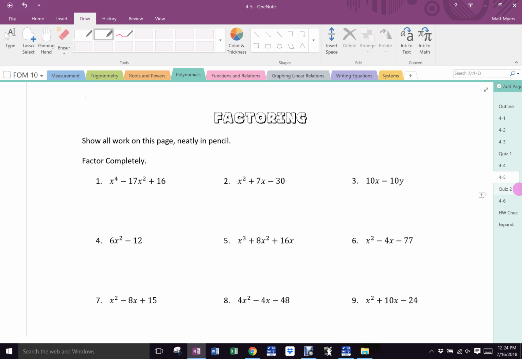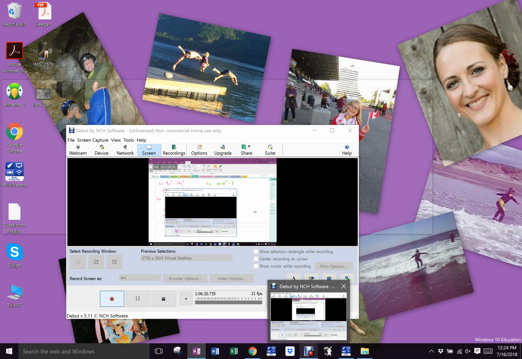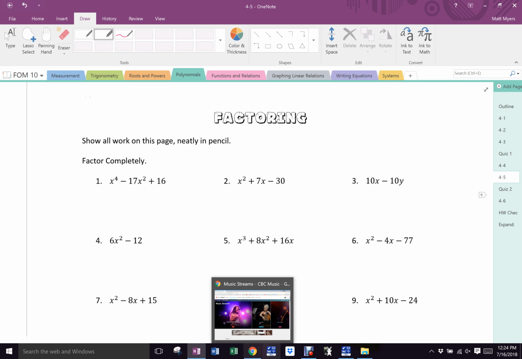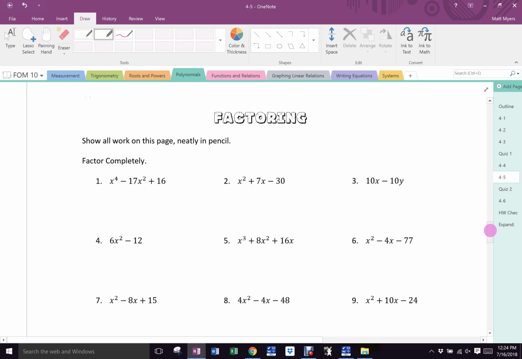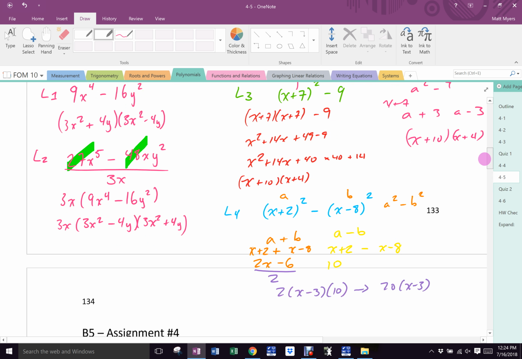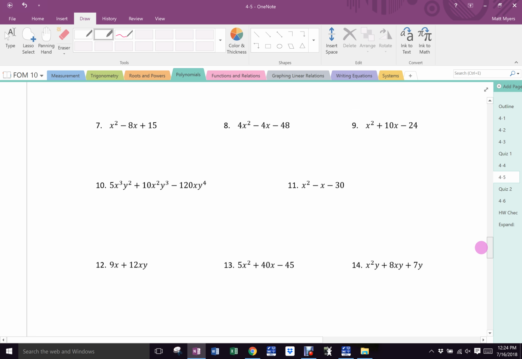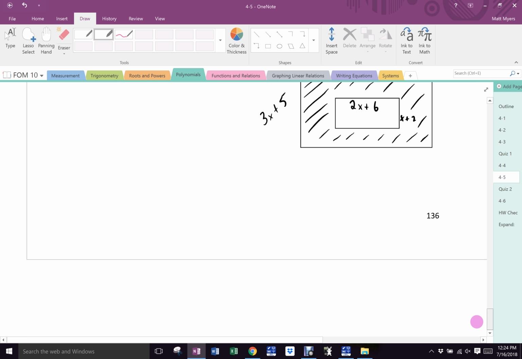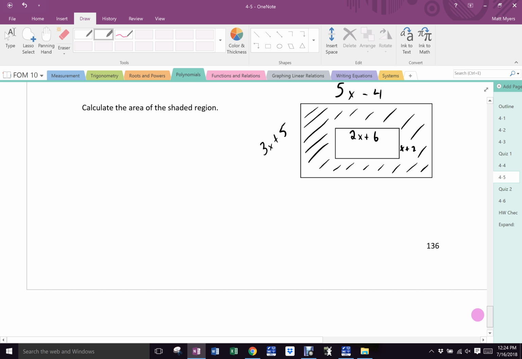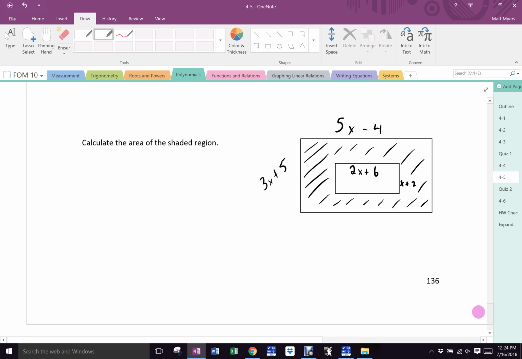So I'm done with the basic factoring. It is 12:23. I think you will be comfortably done 134, 135, and 136 if I give you till 1 o'clock.